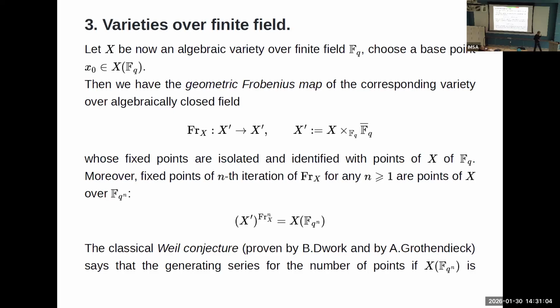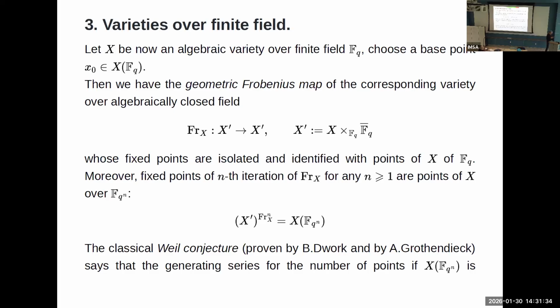Fixed points will be isolated, exactly the points of my variety over the field F_q, or considering n iterations, they will be points of the variety over F_q^n. That's the basic insight from which André Weil got the idea about the zeta series and so on, counting the number of points.